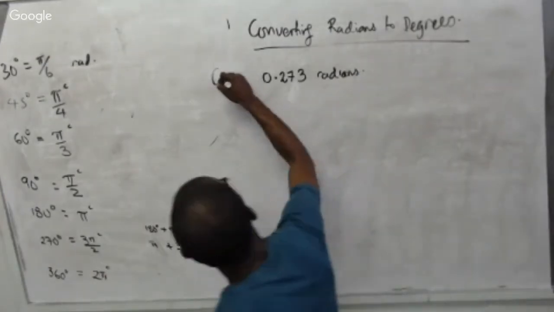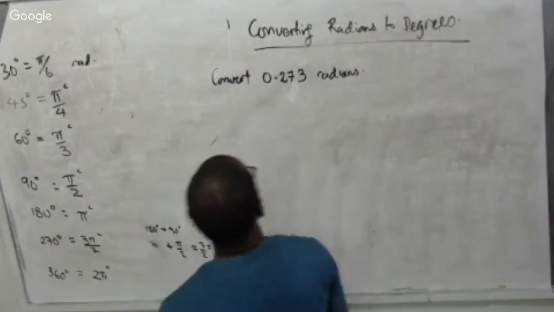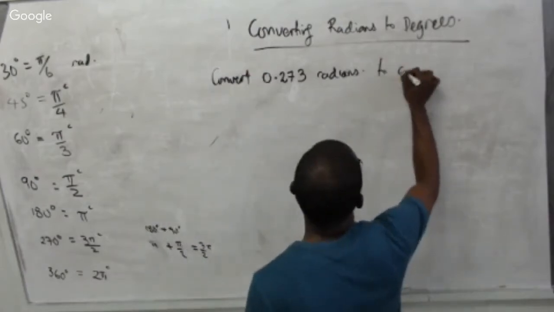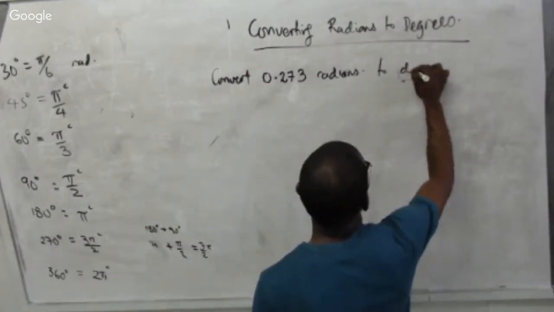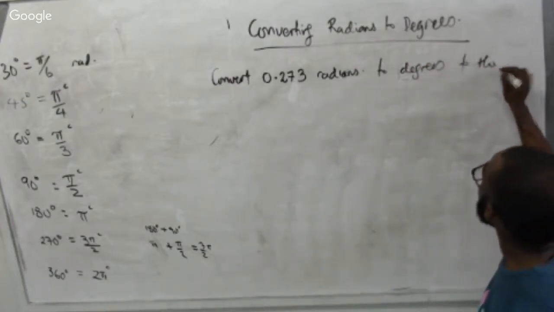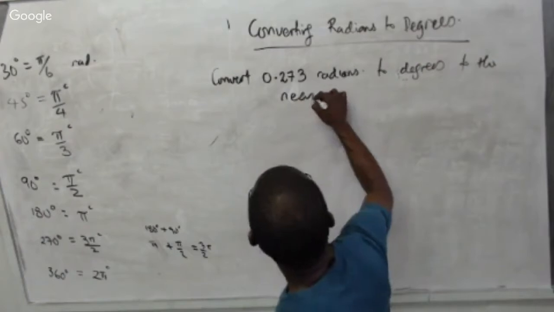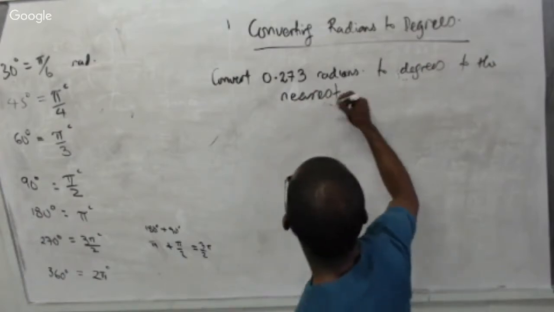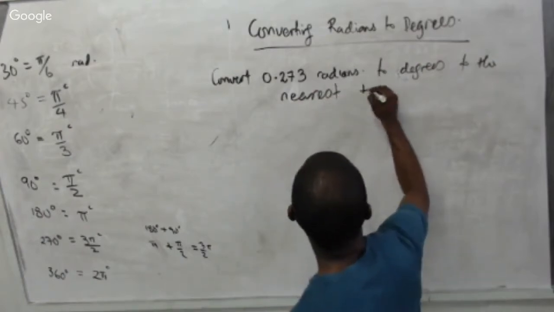Convert 0.273 radians to degrees. To the nearest degree. Hold on, I don't need to tell you that. Sorry. To the nearest tenth.